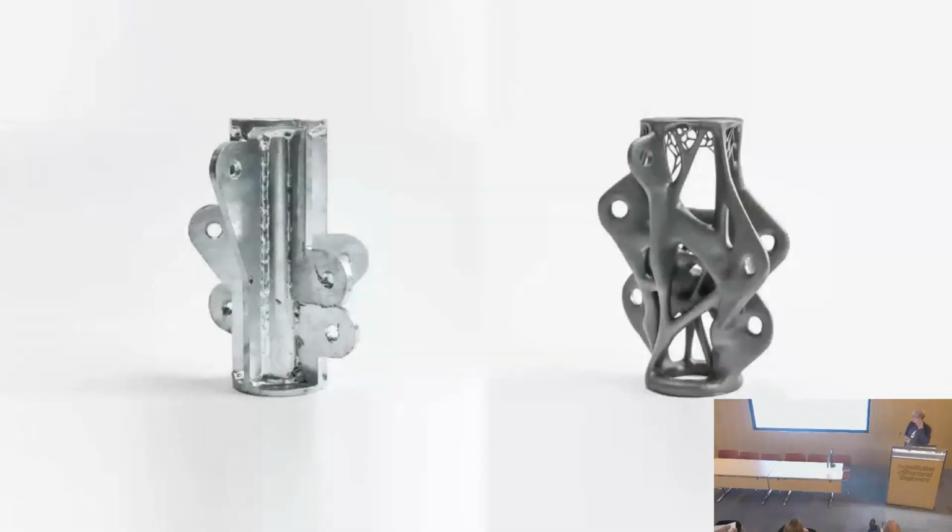Back on the idea of the forge, this is Arup's work with the University of Sheffield of 3D printing nodes. So this is a node. This is the same node where they've done a process called topological optimization. So if I've got that right, you basically analyze it, and you actually remove bits of geometry that don't carry much load.